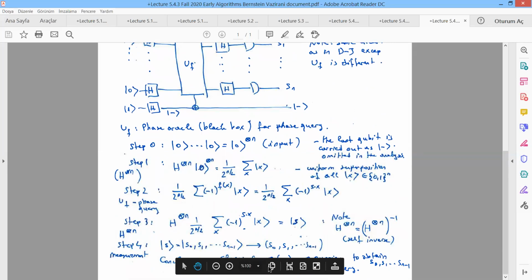And in conclusion, this is what we wanted. This s vector is what we wanted to measure.